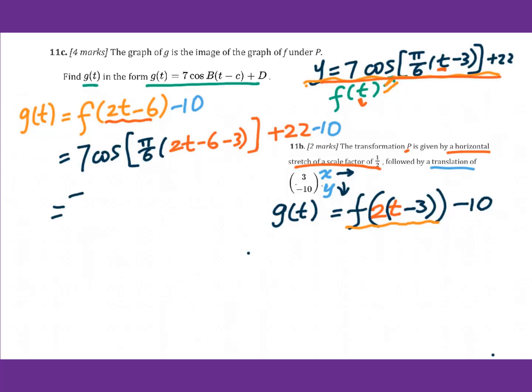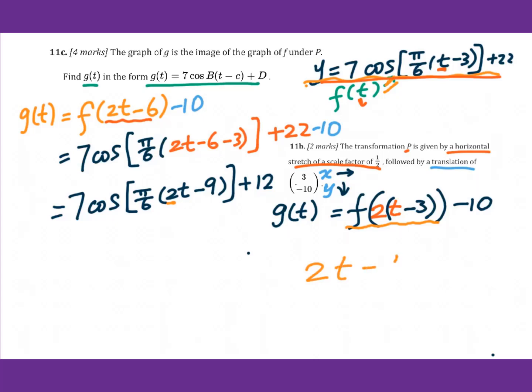Therefore, we organize 7 cosine pi over 6. You will get the 2t minus 9. Then plus 12. We take 2 outside. 2t minus 9. Take 2 outside.